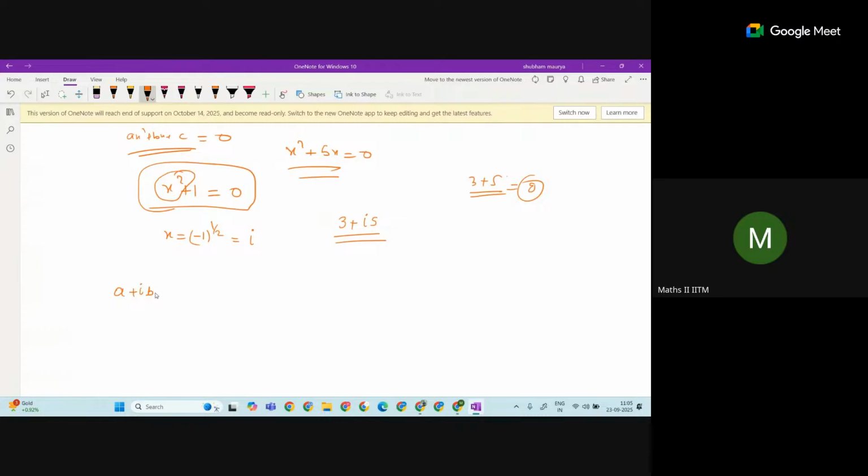Any complex number is represented like this, where a and b are both real numbers. This represents a complex number, and let's say I call this one Z.